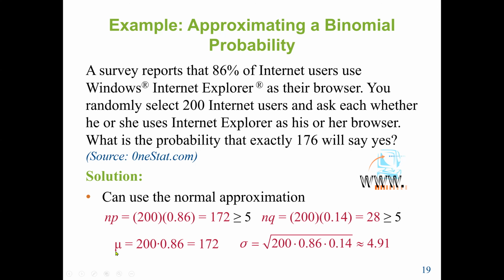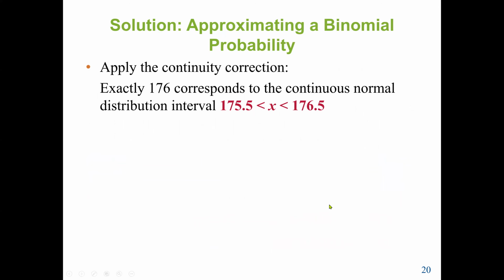So if I know the mu and standard deviation, next I'm going to apply the continuity correction. Here, what is the probability that exactly 176 will say yes? So 0.5 to the left, 0.5 to the right.